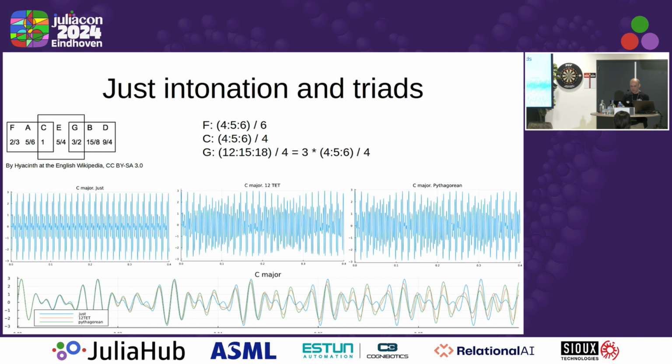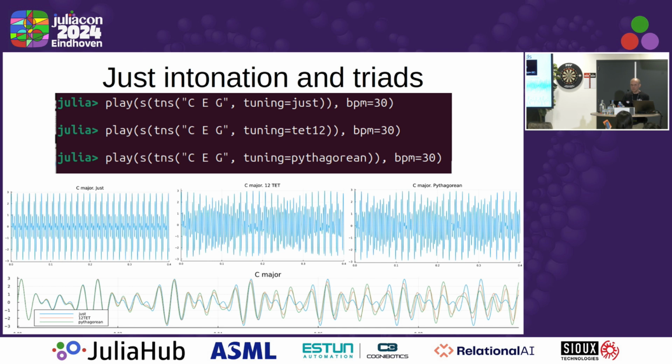And this was actually what I wanted to investigate with this package: how does this actually sound? If I take this major triad and play it in these different tunings, how does this actually sound? And while you're thinking about your questions, I'll see if I can find this in my REPL history so you can hear it.